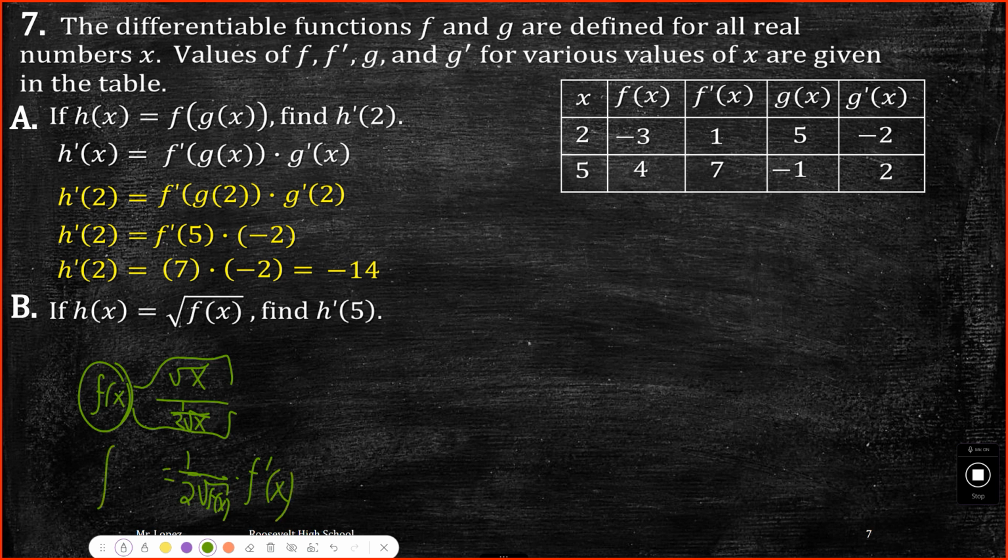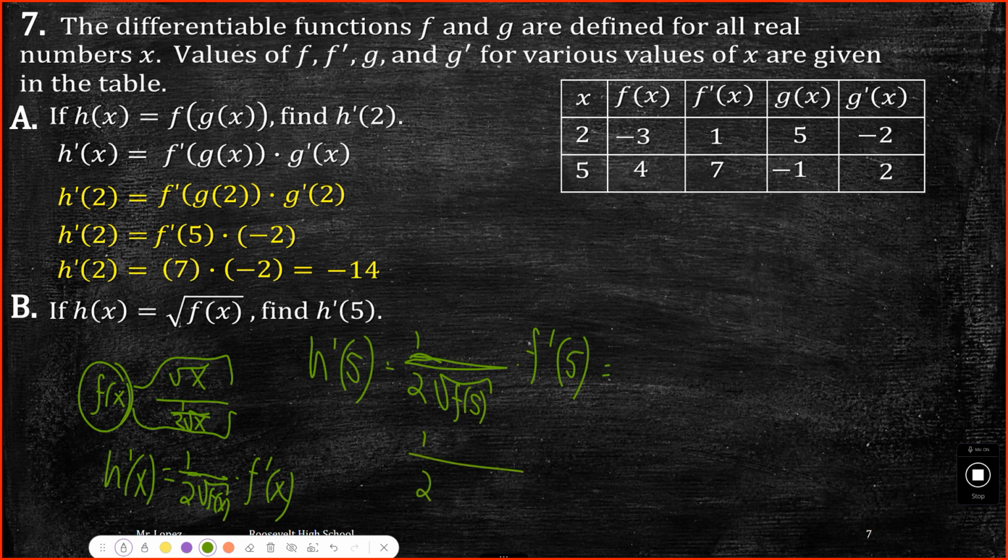So this will be h prime of x, and now we can evaluate h prime of 5. h prime of 5 will equal 1 over 2 square root of f of 5, times f prime at 5.